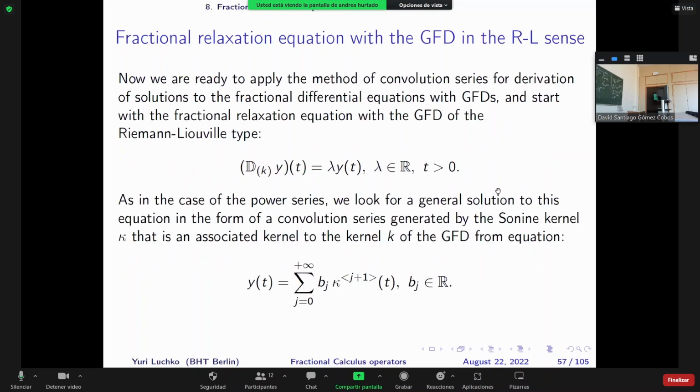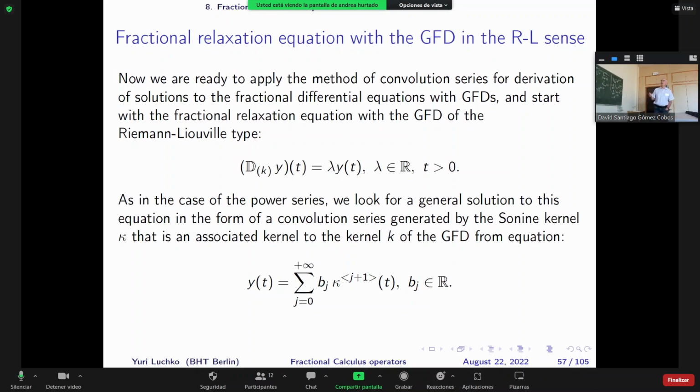And then if we consider fractional differential equations, for example, let's consider this very simple fractional differential equation, the so-called relaxation equation with the general fractional derivative with the kernel k.